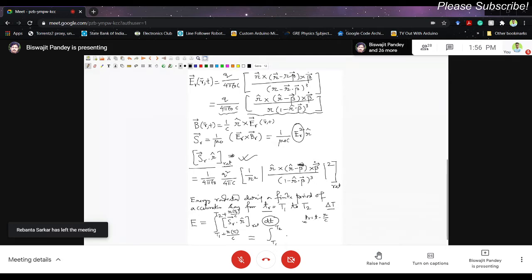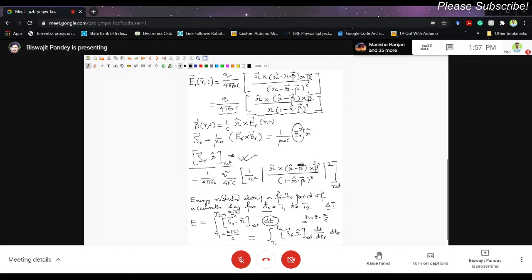But if I want to write the limits t1 to t2, then I have to adjust here: S dot r cap at the retarded time, times dt over dtr, times dtr. So I'm just introducing tr in this expression.